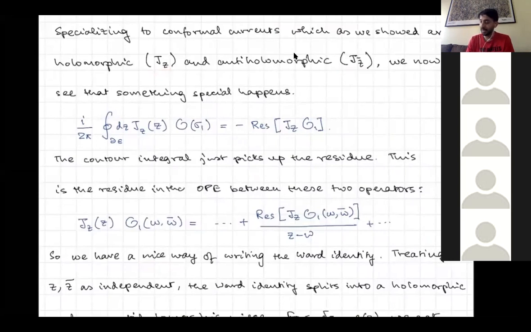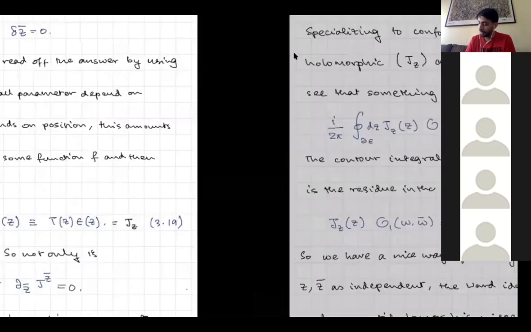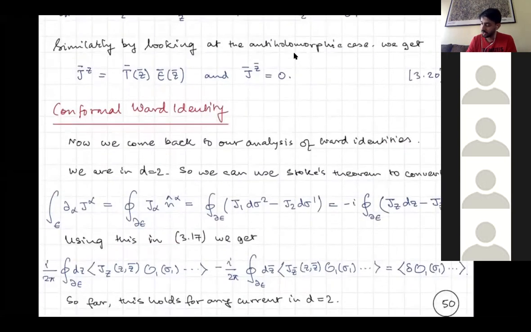So in that case, this lower equation depends on z here, and this particular thing will depend on z bar. So what we will find is that this is an integral over some j of z into this guy, which is a contour integral around some circle, epsilon, right?